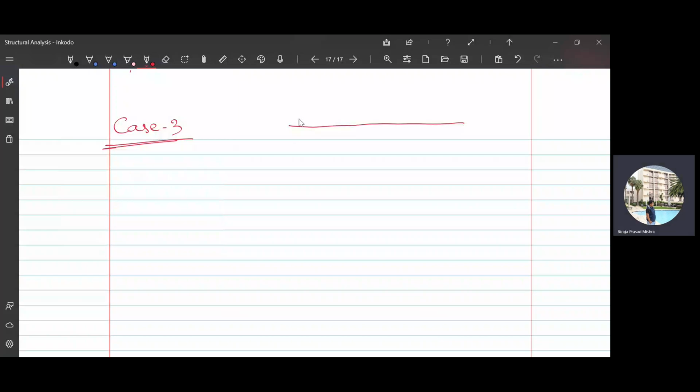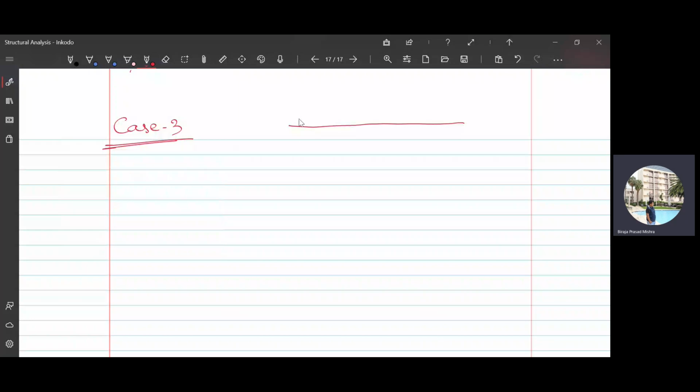Okay, if we draw the free bending moment diagram, what will it be? It will be a parabola, right? And what will be the magnitude? The magnitude of this parabola will be WL square by 8.